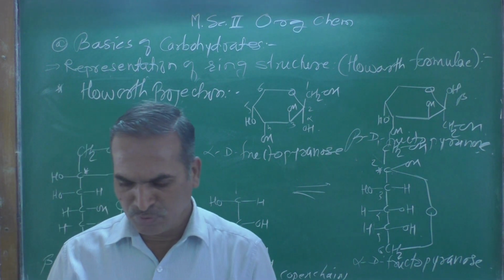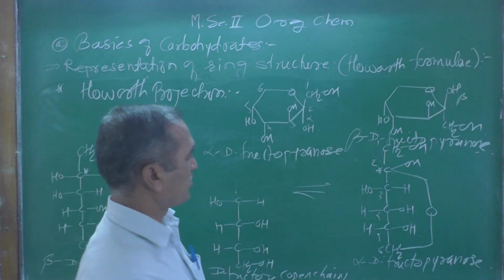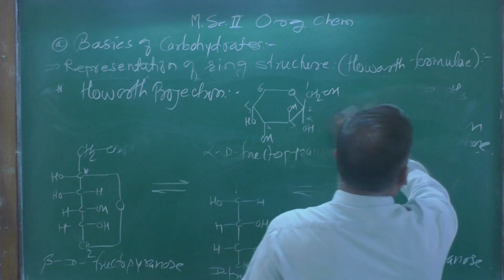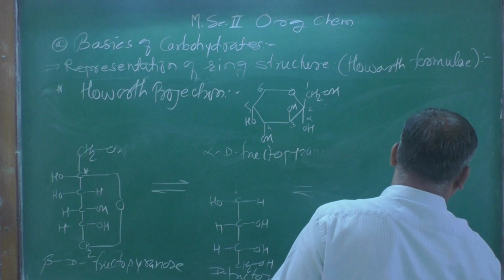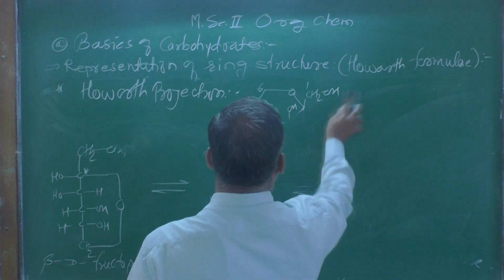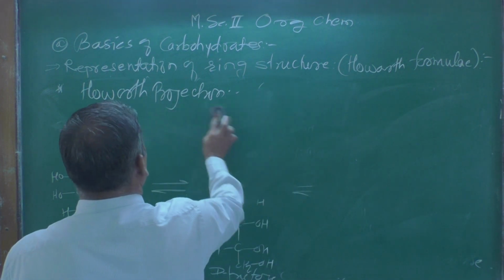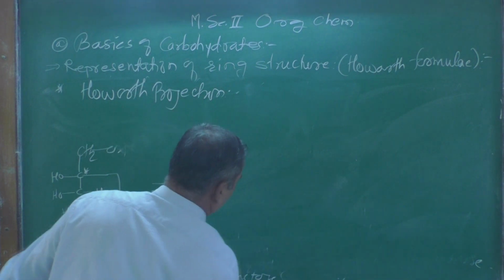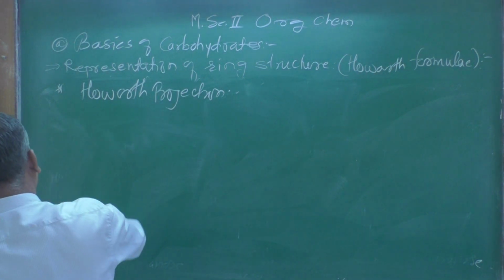Now is the furanose structure. Third one, let us draw another structure according to the Fischer projection formula.